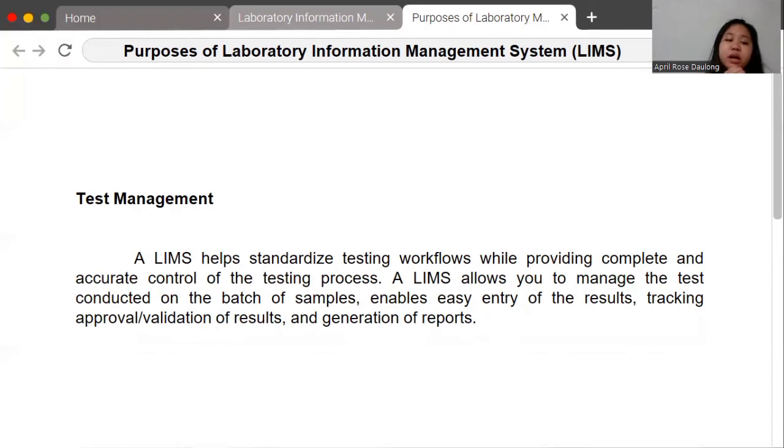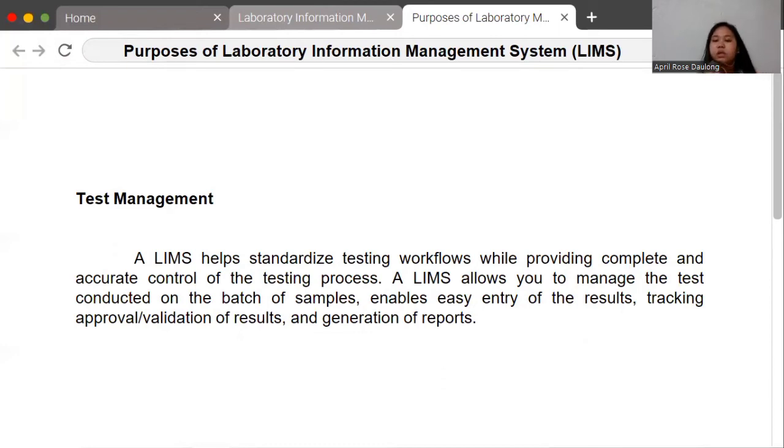It allows you to manage tests, analyze, and allocate tests to specific LIMS users.